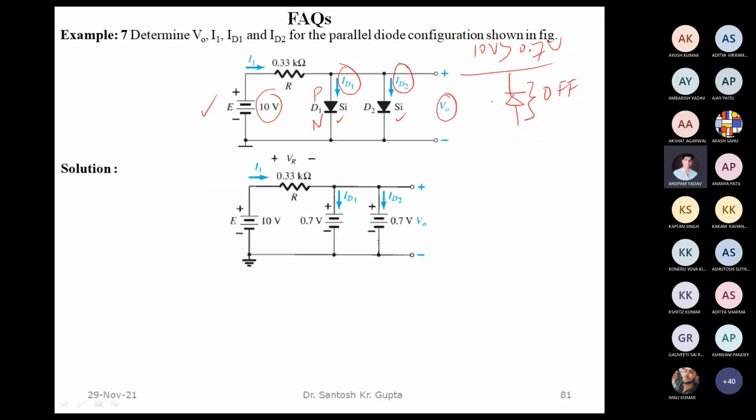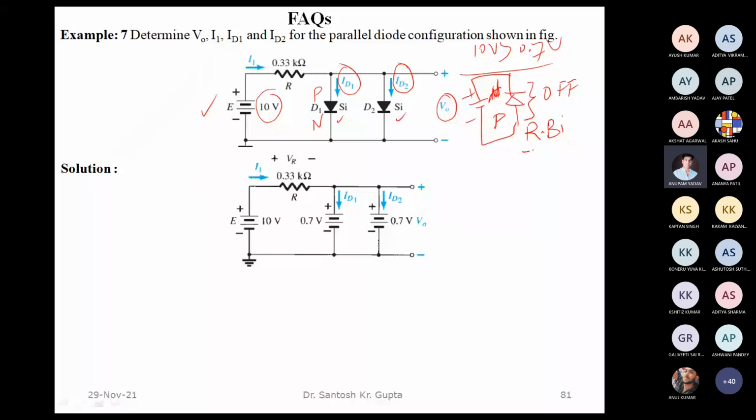The P side and N side of the diodes are such that this is equivalent to increasing the reverse biasing.